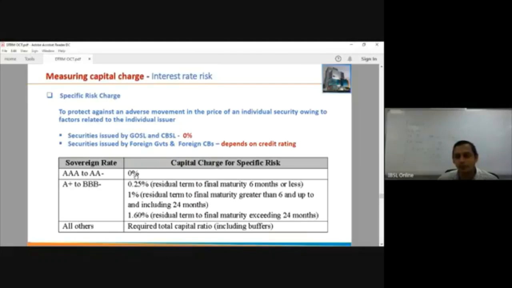0%. And if it's A to BBB minus, then again there are 3 different rates you can apply depending on the residual maturity, depending on the remaining maturity. If the remaining maturity is less than 6 months, the specific risk charge is 0.25, right?